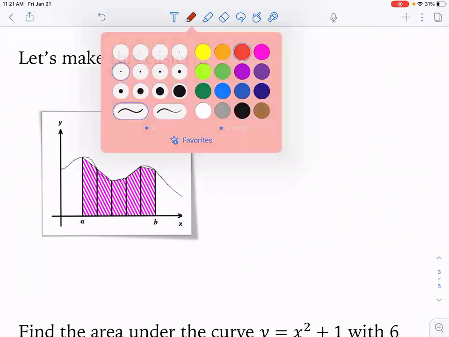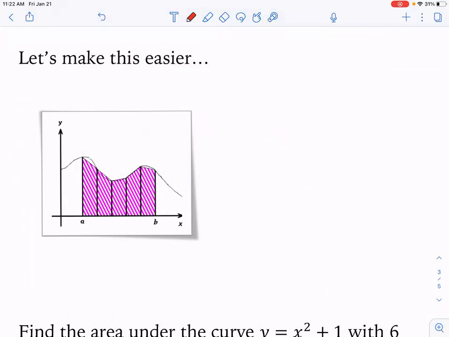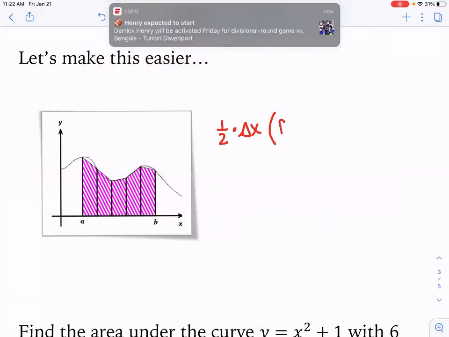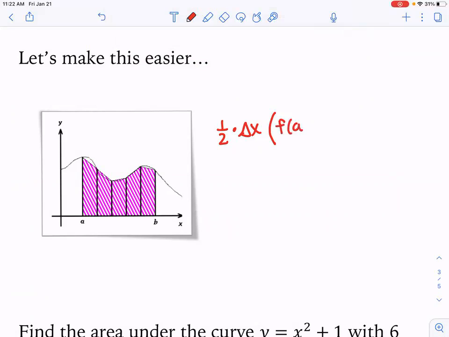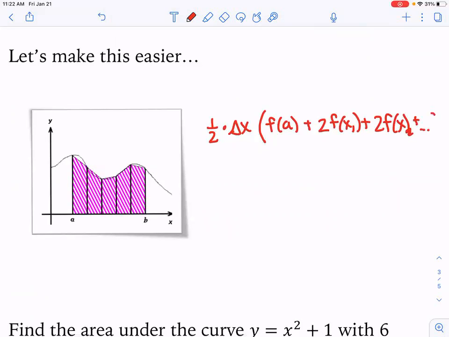If we have a curve from A to B, then we're going to find the area by taking 1/2 times delta x times f of A plus 2 times f of whatever's next plus 2 times f of whatever's next all the way until only 1 f of B. So we only have 1 of our first and last base and 2 of everything else in between.